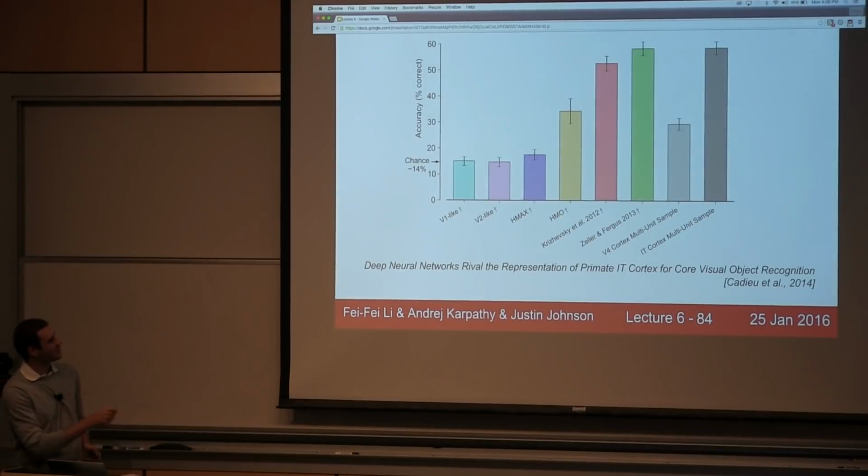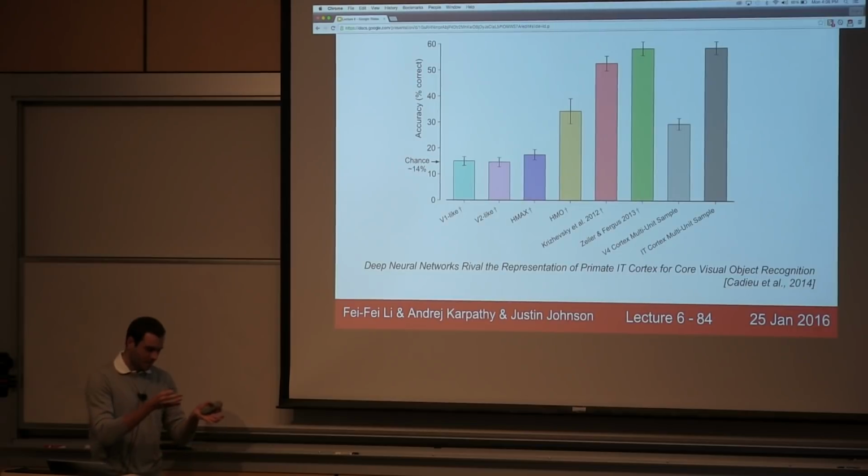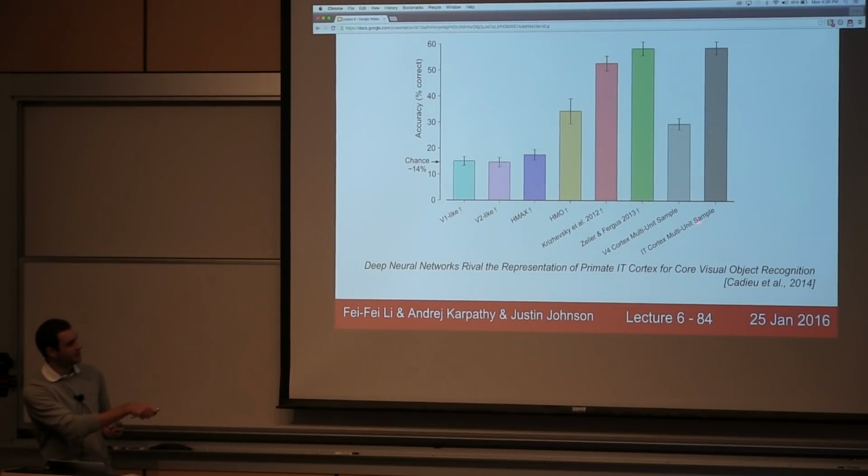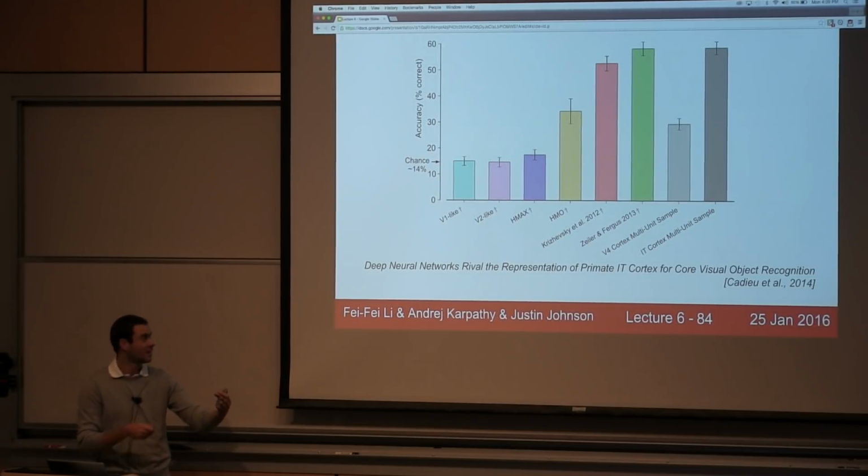I also wanted to point out something interesting: there's this paper called Deep Neural Networks Rival Representation of Primate IT Cortex for Core Visual Recognition. What they did here is they looked at, I think, a macaque monkey, and they recorded from the IT cortex. They recorded the neural activations as the monkey was looking at images. Then they fed the same images to a convolutional neural network.